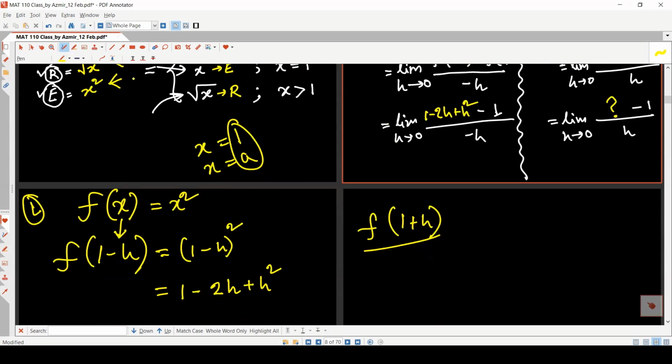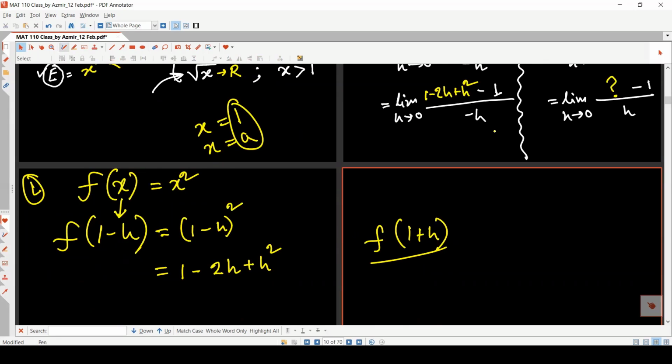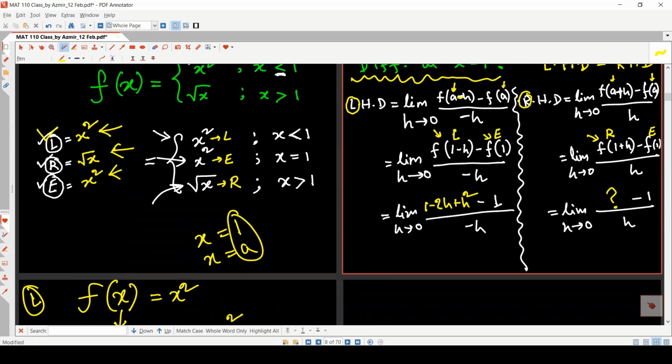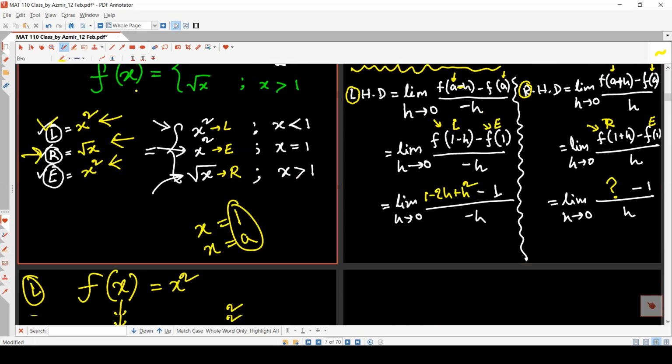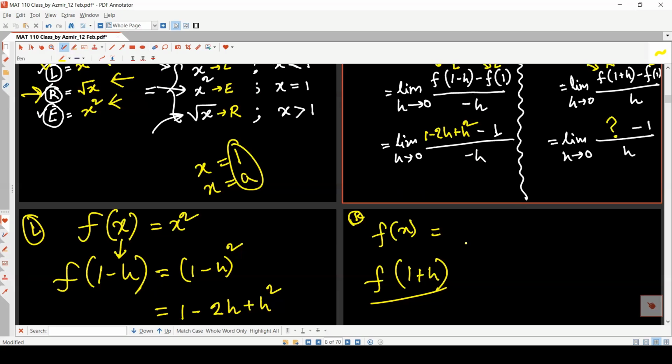Now let's find out f of 1 plus a. At the same time, we are working for left-hand derivative and right-hand derivative. So for right-hand derivative, we have to use this function. So f of x for right side is square root of x.